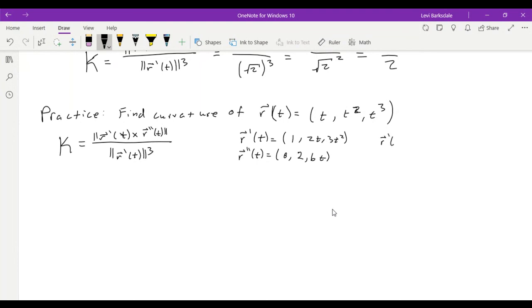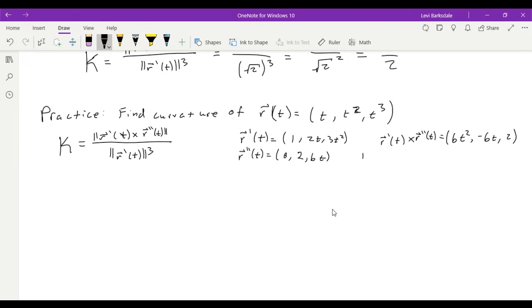So then r prime crossed with r double prime is equal to 2t times 6t gives 12t squared minus 2 times 3t squared. 12t squared minus 6t squared is 6t squared. Then we have 0 times 3t squared minus 1 times 6t, so negative 6t. And 1 times 2 minus 0 times 2t is 2.